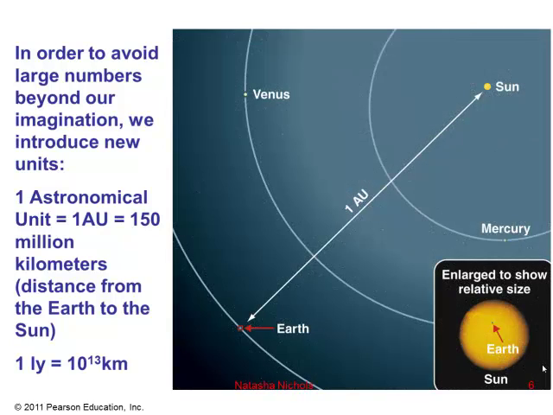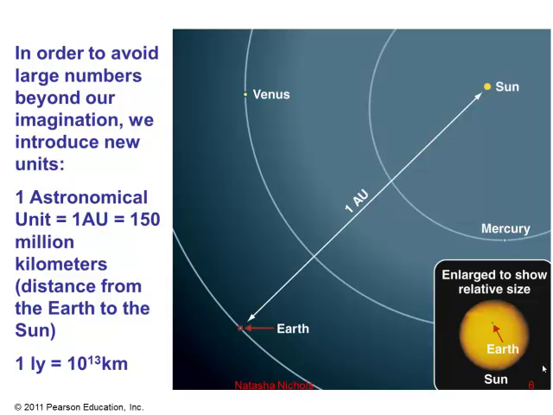So here's a picture right here depicting the Sun on the top right and the Earth on the bottom left, and the distance between the two is labeled 1 AU. Now, to compare that to 1 light year, which we mentioned earlier, 1 light year is 10 to the 13 kilometers. 1 AU is 150 times 10 to the 6 kilometers.